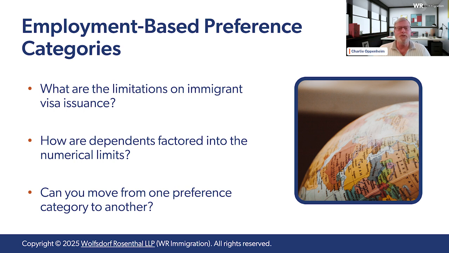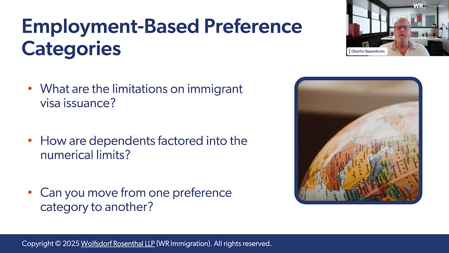Sometimes we see people looking at the dates and moving their cases up or down. And one question we've had in the past couple of years is if an applicant had a petition, say, in employment second or third preference category, could they also apply in the employment fifth preference category? And the answer is yes.